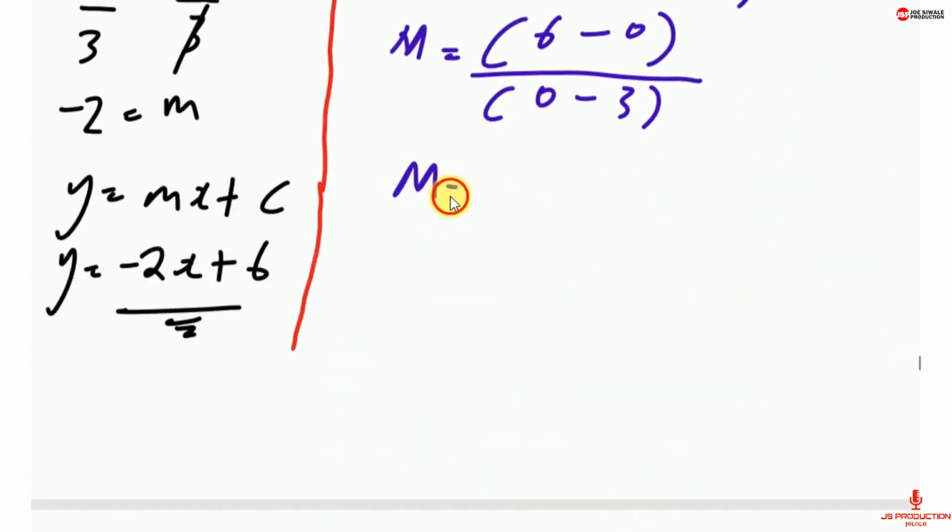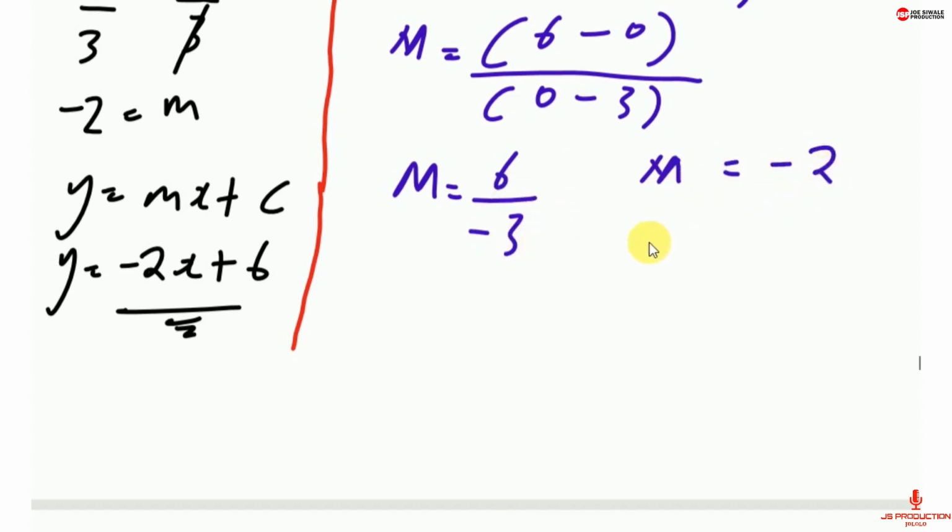So gradient is equal to 6 minus 0, that's 6, divided by 0 minus 3, that's negative 3. So our gradient is 6 divided by negative 3, that's going to be negative 2.